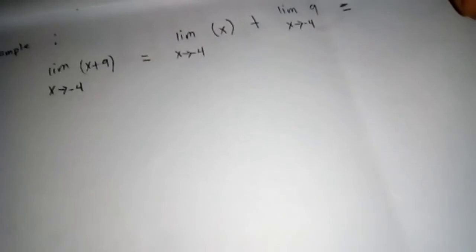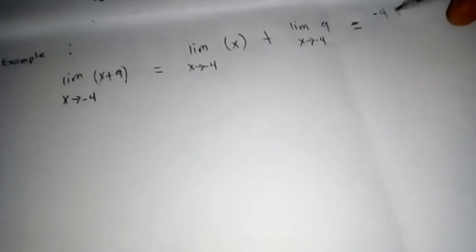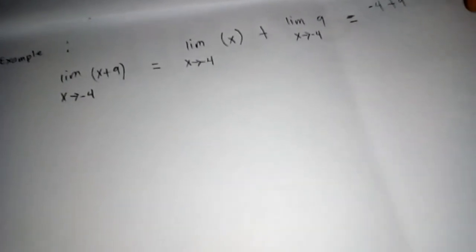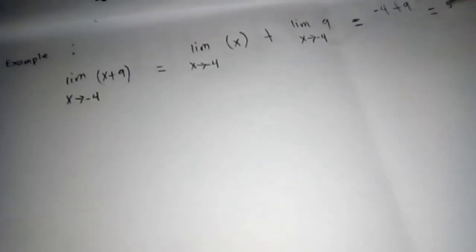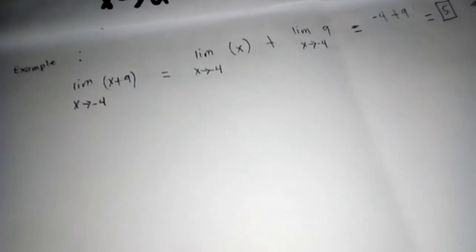As we are going to substitute x equal to negative 4, therefore negative 4 plus 9 equals 5. So 5 is the answer.